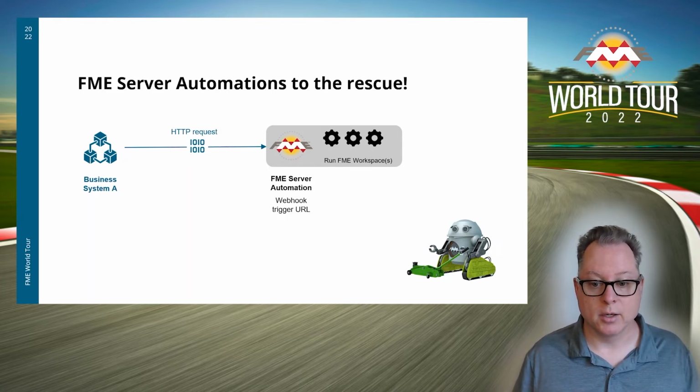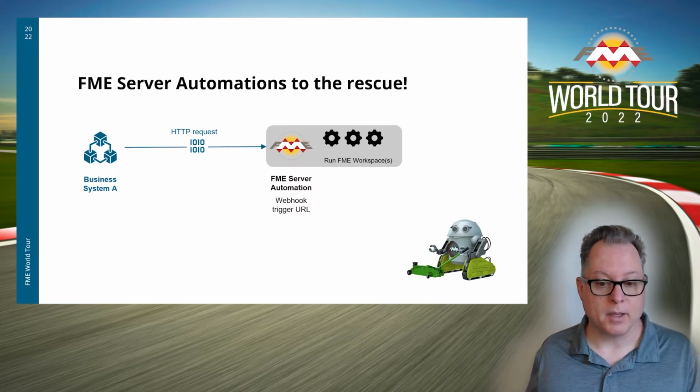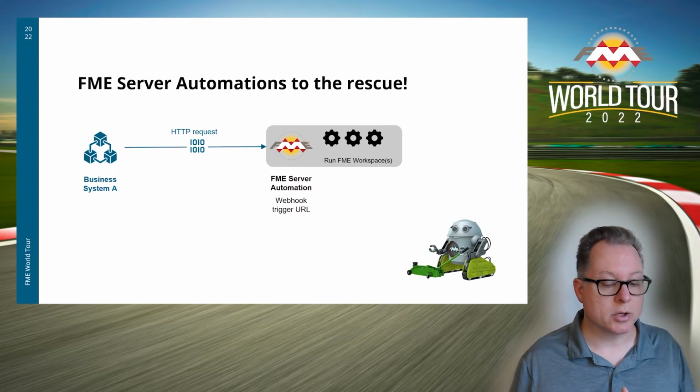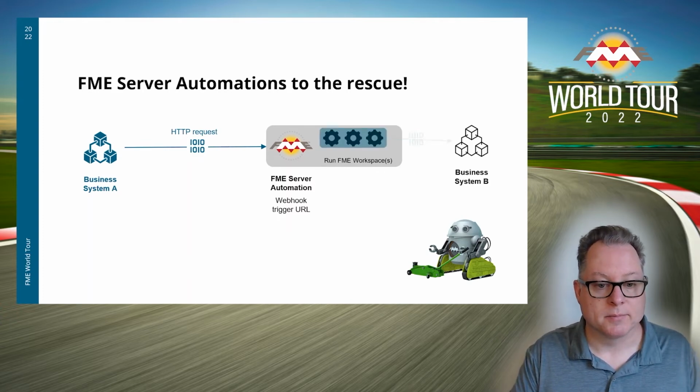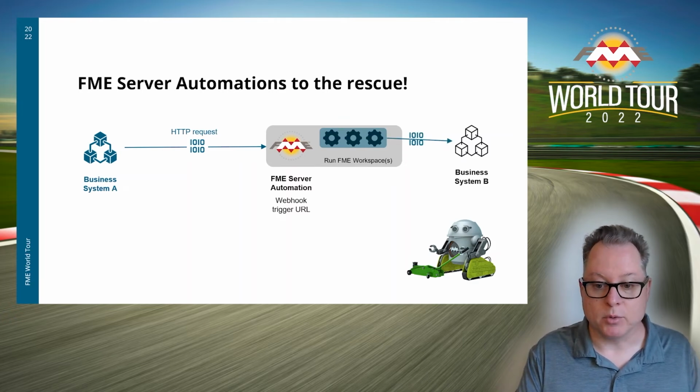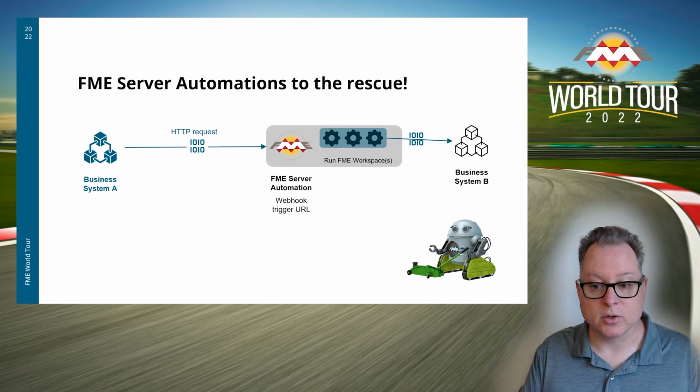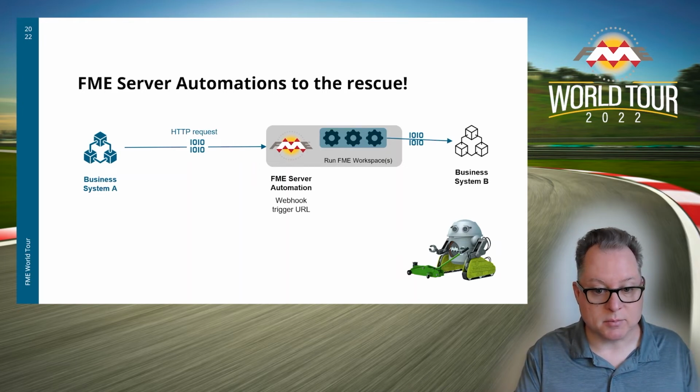And those workspaces can do a number of different things. They could call APIs on business system B as needed using HTTP caller transformers, kind of like this. Or maybe business system B doesn't have any APIs. So maybe what FME will do is actually update or insert data directly into business system B's database tables.